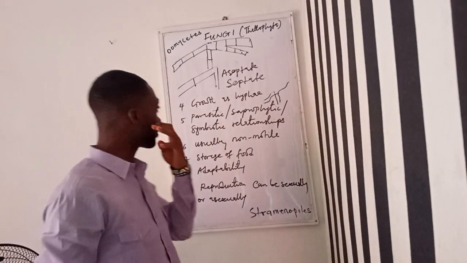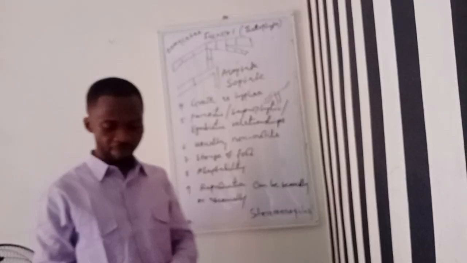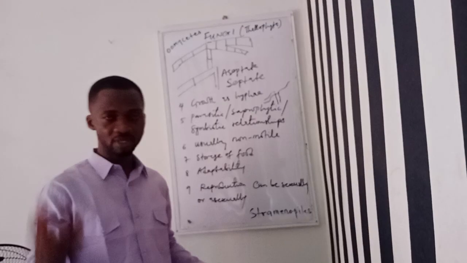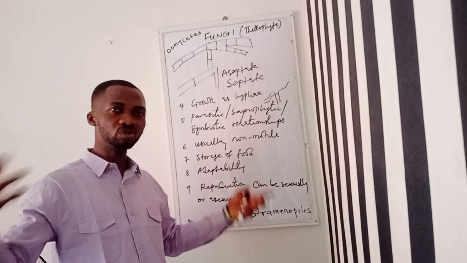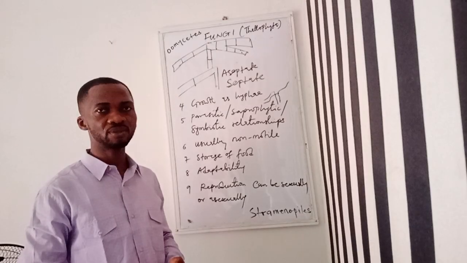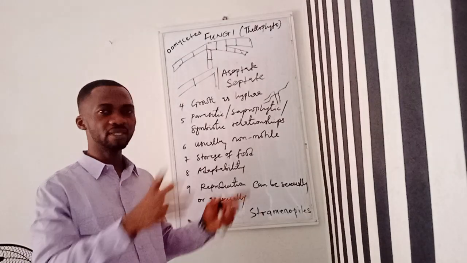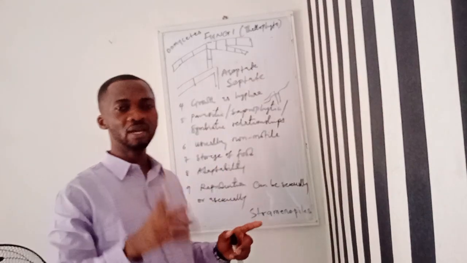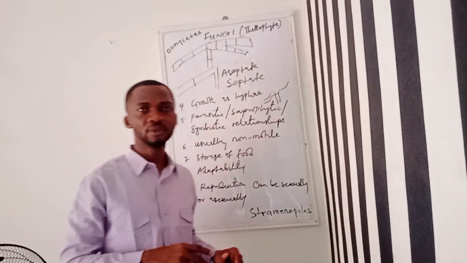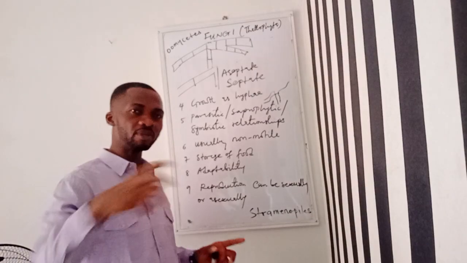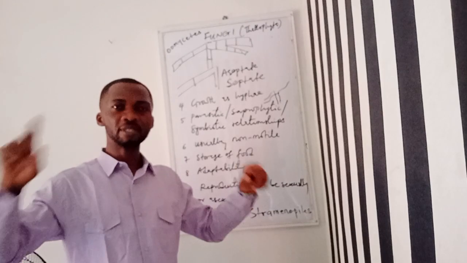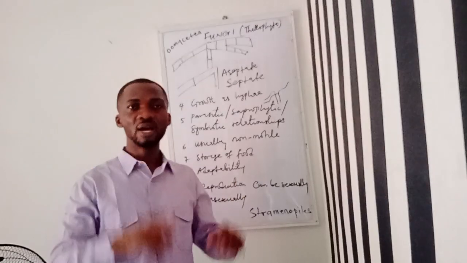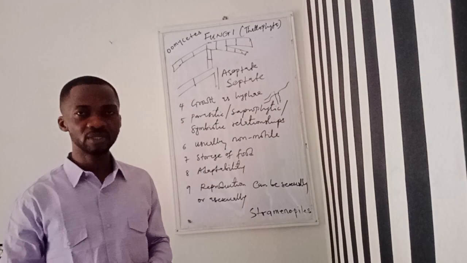It is also important that you understand that fungi can be unicellular or multicellular. We'll have fungi that have multinucleate layers of cells, and like I said, some of these cells can be septate or non-septate. Some are unicellular, that means they have a single cell, and all the activities are carried out within that single cell.